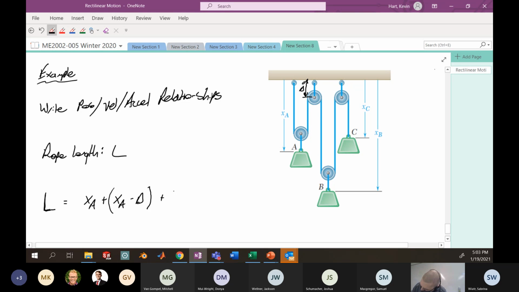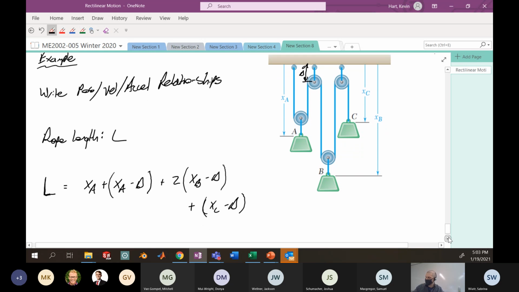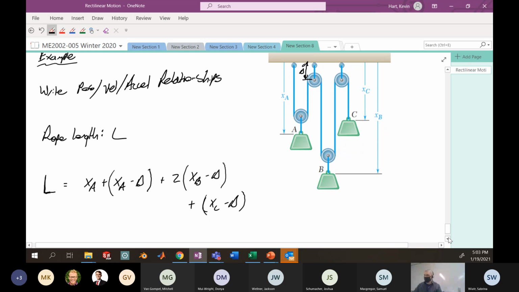This bit of the rope is going to be XB minus delta. So something like plus 2 XB minus delta. And then this last little bit of rope here is going to be plus XC minus delta. Okay, so we got all these little deltas roaming around.